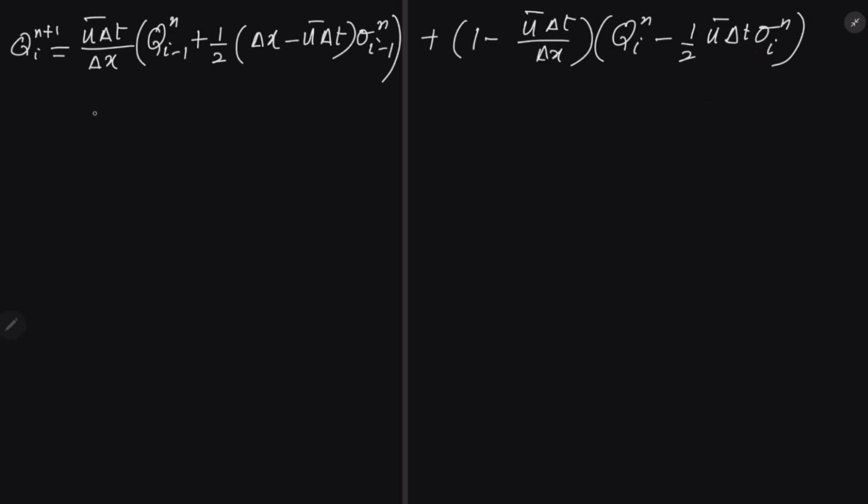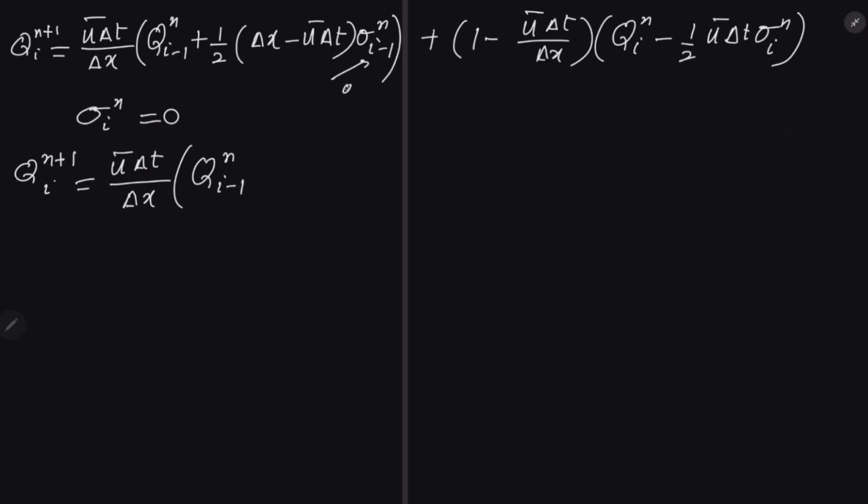Suppose when we have zero slope, sigma_i^n equal to 0, then we have Q_i^{n+1} = (u bar Δt/Δx) Q_{i-1}^n, the slope terms are 0, plus (1 minus u bar Δt/Δx) Q_i^n.